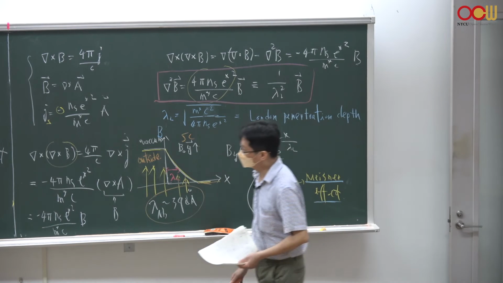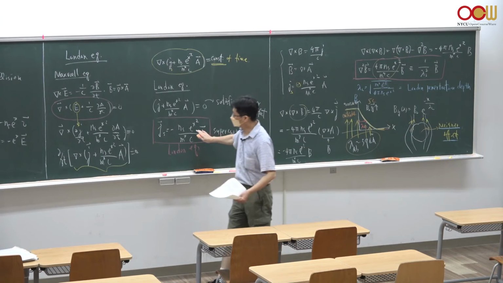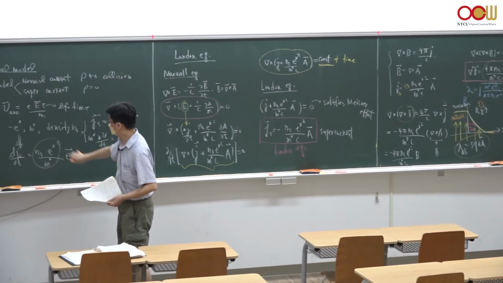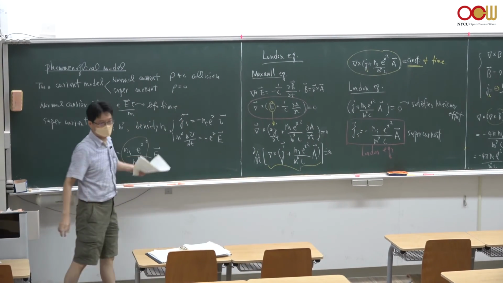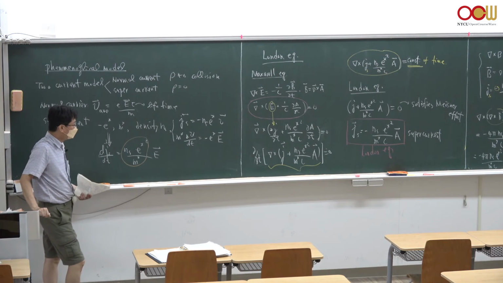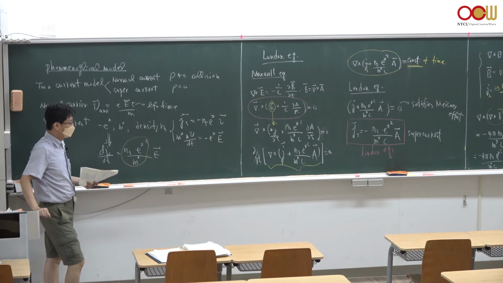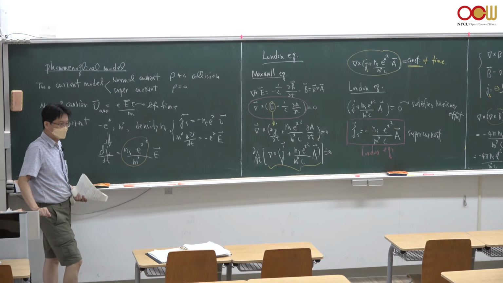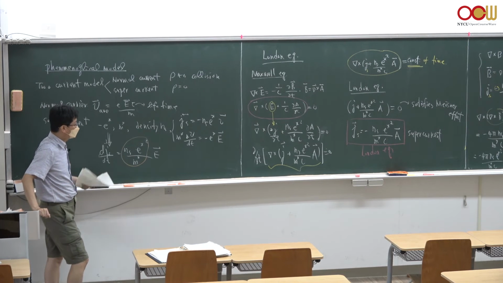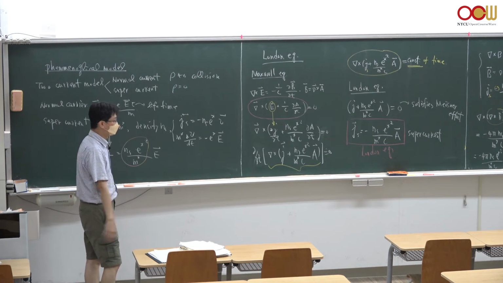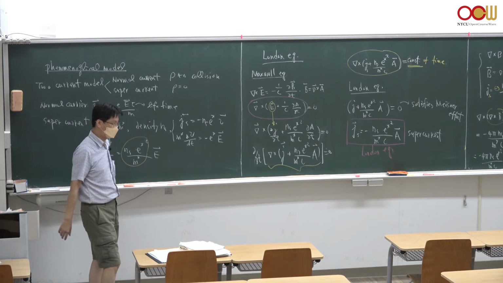The Meissner effect comes from the London equation, and the London equation can be derived from the semi-classical treatment of a supercurrent state. Okay, so this is just a phenomenology of superconductivity in ordinary metals. And next time, we will derive the Cooper pairs from a more quantum mechanical treatment.